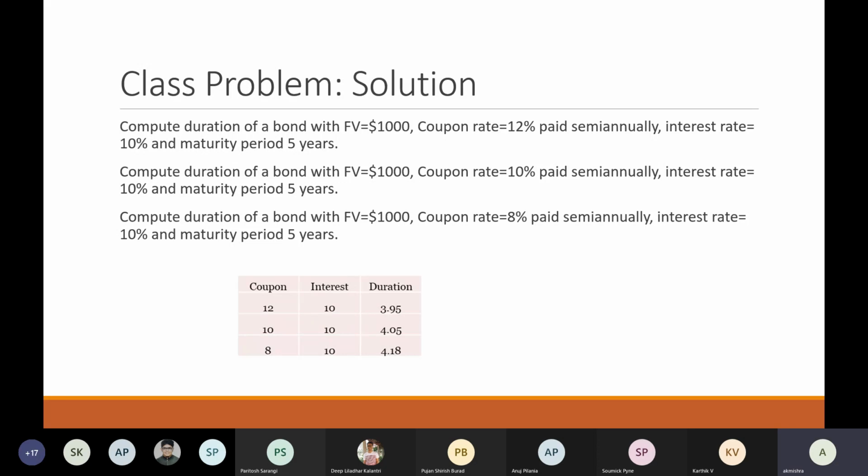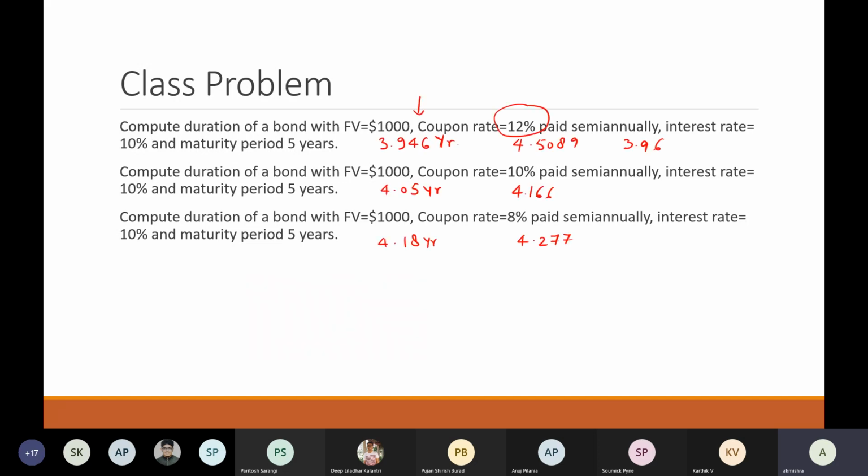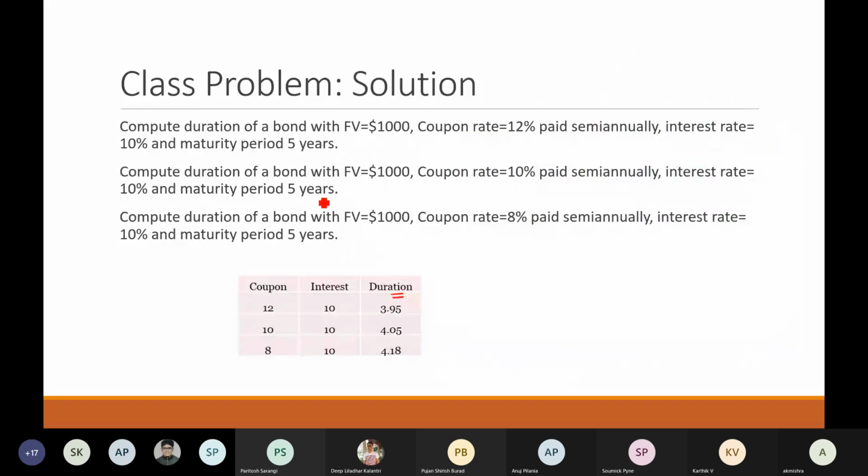See, I have already done, so you may want to check it. So Poojan, his answer is close. I have used Excel and I have restricted only up to 2 decimal points. In case of Poojan, if you see, he has gone up to 3. So here for 12% coupon, duration is 3.95.